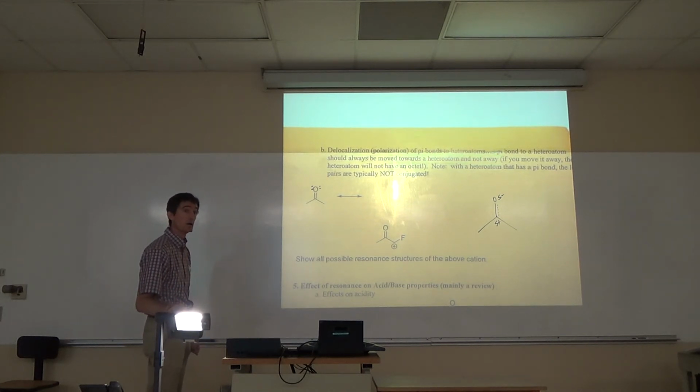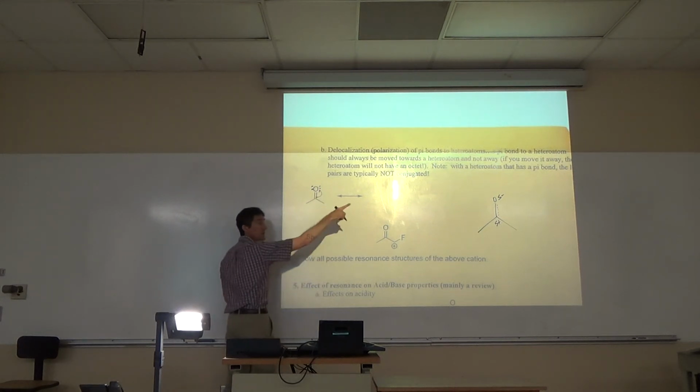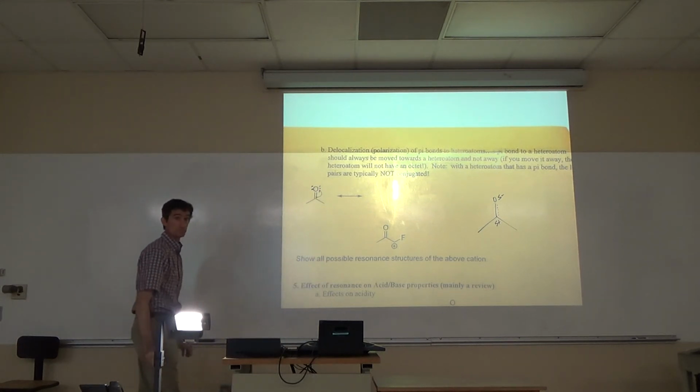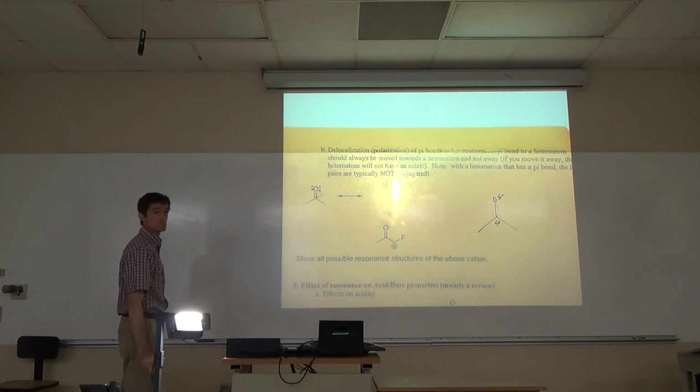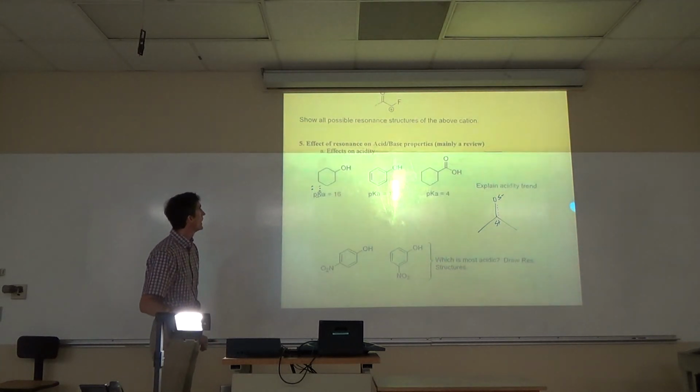Then how come it had the minor resonance structure where we took these two electrons, which are in the p orbitals, and we just moved them up? Okay, keep thinking about it.